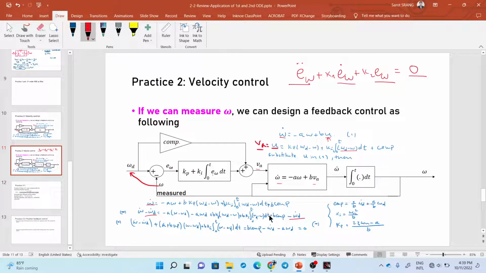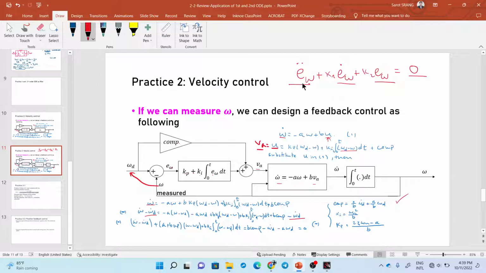So by this kind of manipulation, finally you can find compensation to be like this. And you can choose ki, kp in terms of omega n and zeta of the second order standard form.